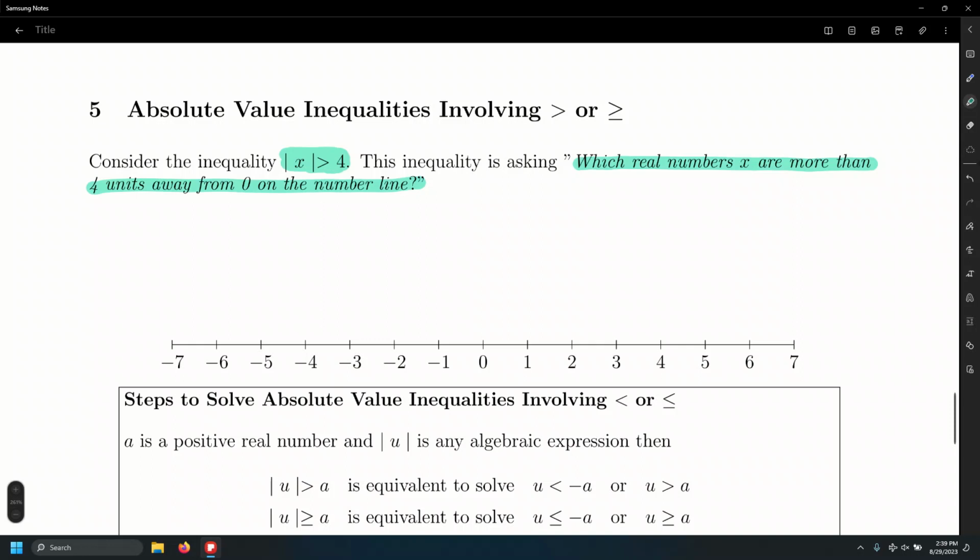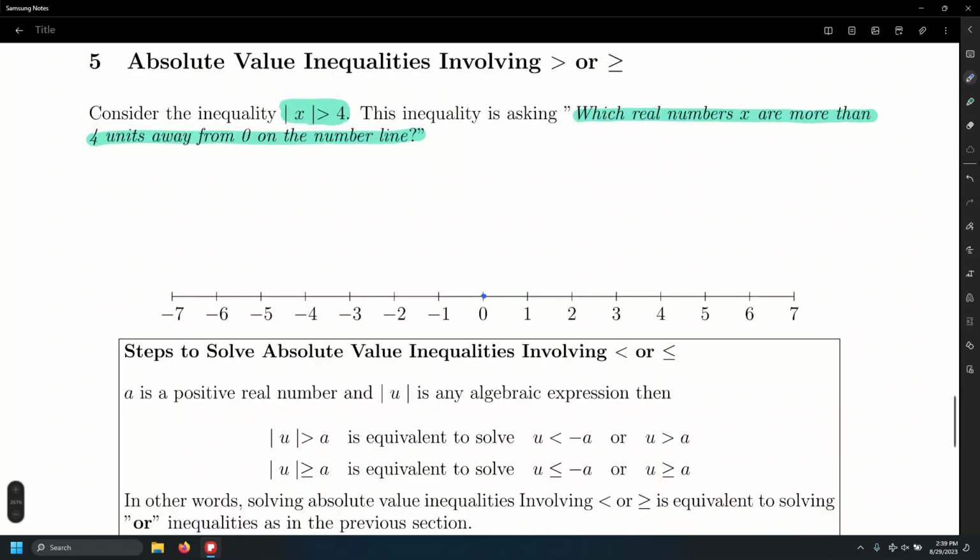Let's start at 0 as our reference, and let's count units. Okay, I'm going to go to the number 1. Is 1 more than 4 units away from 0? What about 2? What about 3? What about 4? Not 4, because we don't have the equal part. But what about 4.000001?